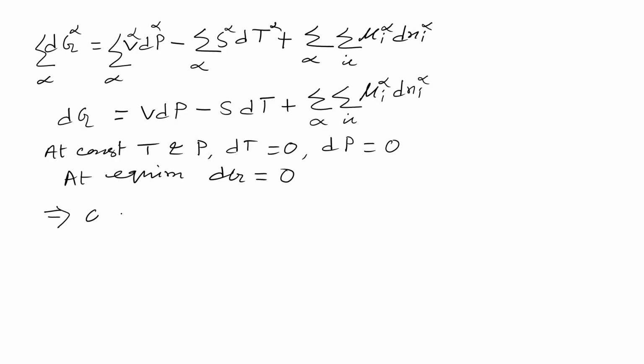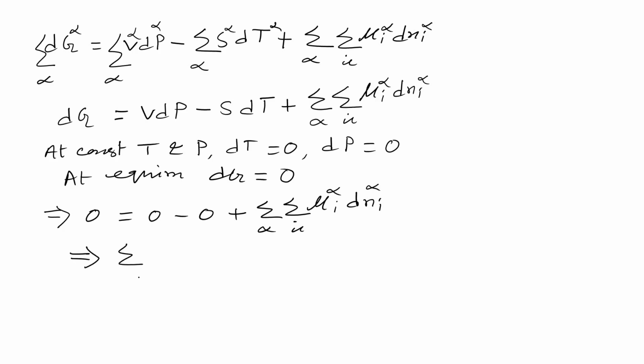I can write 0 is equal to 0 minus 0, plus the summation over alpha, summation over i, of mu i alpha dn i alpha. So the summation over alpha, summation over i, of mu i alpha dn i alpha is equal to 0.